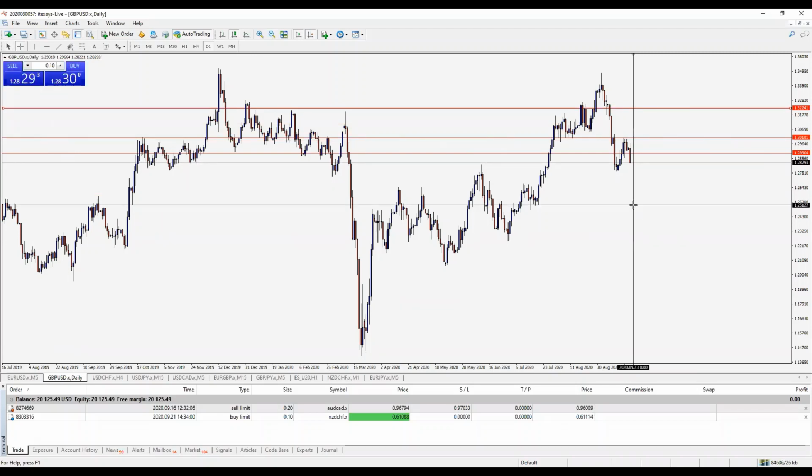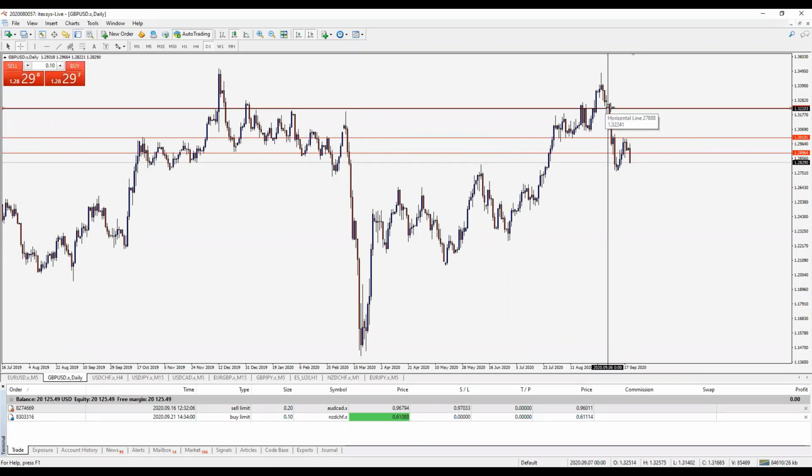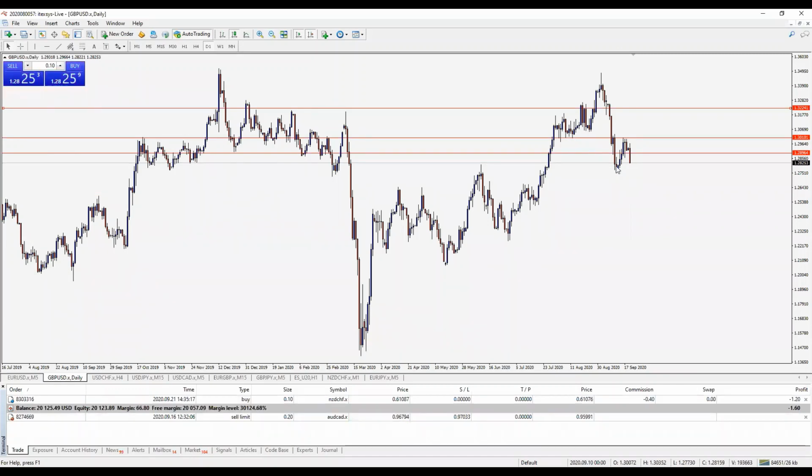I believe that the price might reach this level. It seems a Quasimodo pattern. You can see that the price, in one aggressive move, created a lower low. This one is lower than the previous low after the price had a row of higher lows.